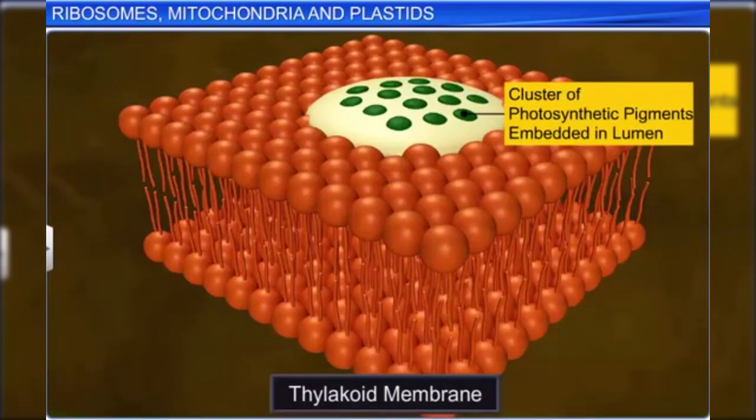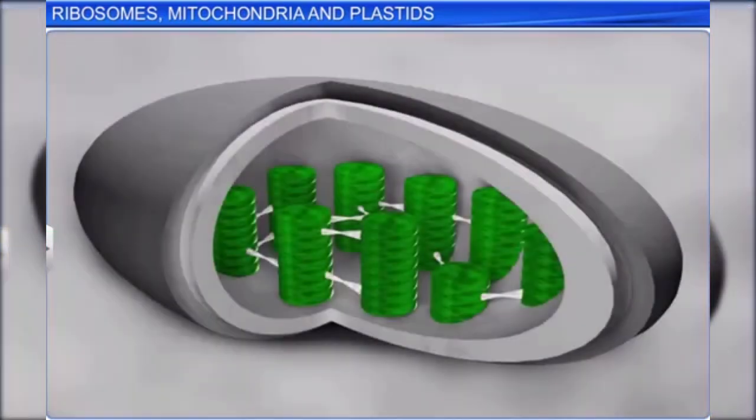Around 20 to 50 thylakoids are stacked like piles of coins, forming grana or intergranal thylakoids. The thylakoids of different grana are connected to each other by flat membranous tubules called stroma lamellae.